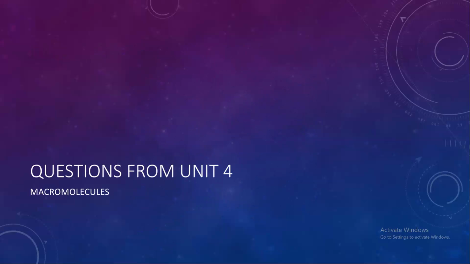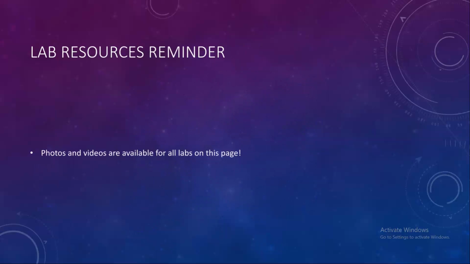Unit 4 was about macromolecules. Now I'm going to take this time to jump over and show y'all the lab resources tabs, because all of the photos that you could want from labs are shown on here.